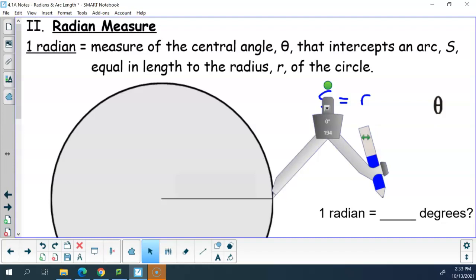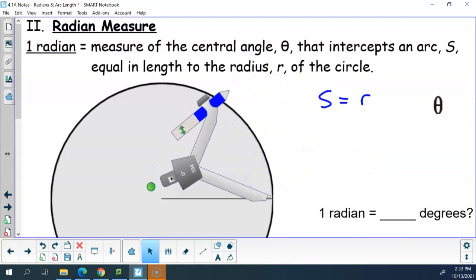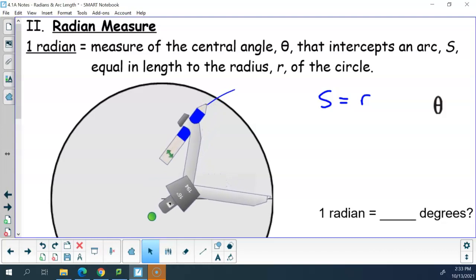It's a way to measure the length of an object. That's the true purpose of a compass. Okay? So I just measured out my radius on my circle.